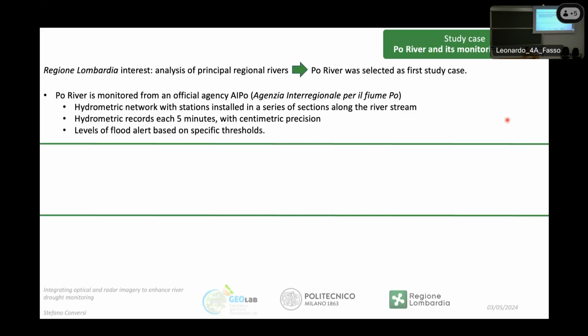This is very important because that is the only information that we can have from the ground. We cannot be sure that pixel by pixel we had water or non-water in our map on that day, but we can be sure of the level of water on the specific date of reference.